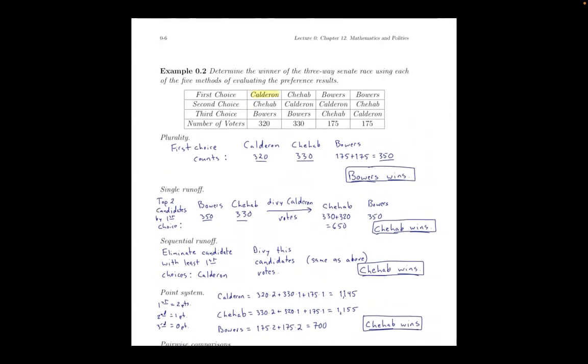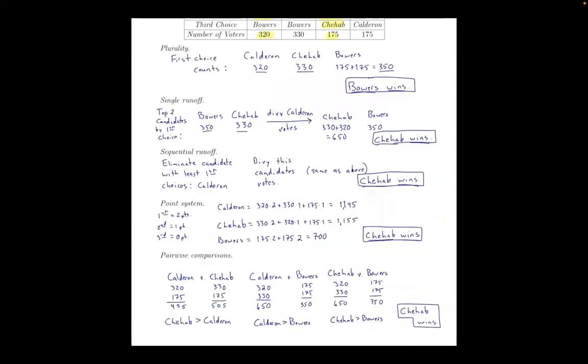So Calderon beats Shihab in this race, and Calderon beats Shihab in this race. So Calderon has 320 plus 175 votes in favor of them over Shihab. So we'll write that in down here, 320 plus 175. Calderon has 495 votes preferring them over Shihab.